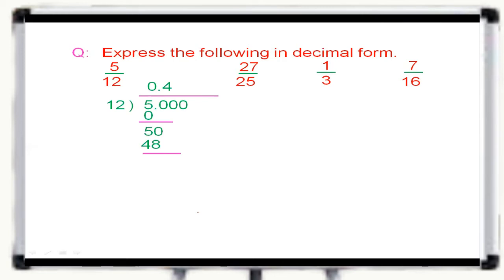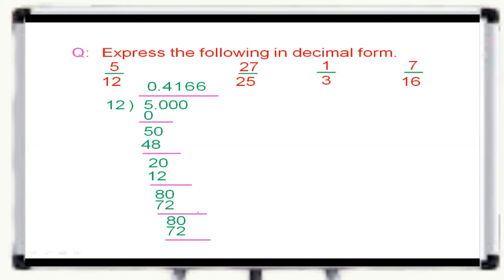By subtracting, we get 2, then take 0 because of the decimal. Then 12 ones are 12. By subtracting, we get 8 here. By taking 0, 80. 12 sixes are 72. Then by subtracting we get 8, taking 0, 80. 12 sixes are 72. So the 8 is coming in all steps.